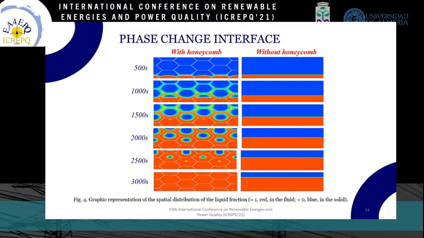We can observe that at the start, between 0 and 500 seconds of the fusion process, the fusion interface starts from bottom to top, near the source. This indicates that in the early stages, heat transfer occurs mainly by conduction.